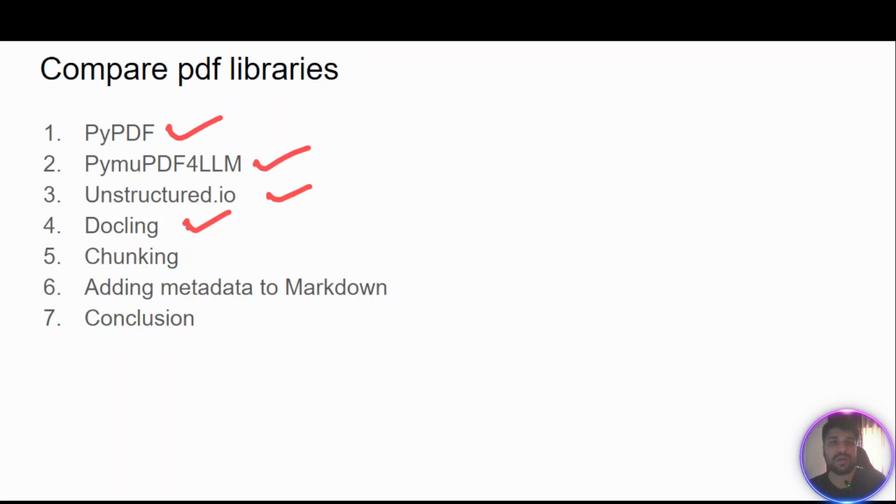It's nowadays giving much more accuracy in extracting the text with the correct format. This is again open source, and it's very popular. Initially the other libraries were popular, but Docling is now gaining popularity.